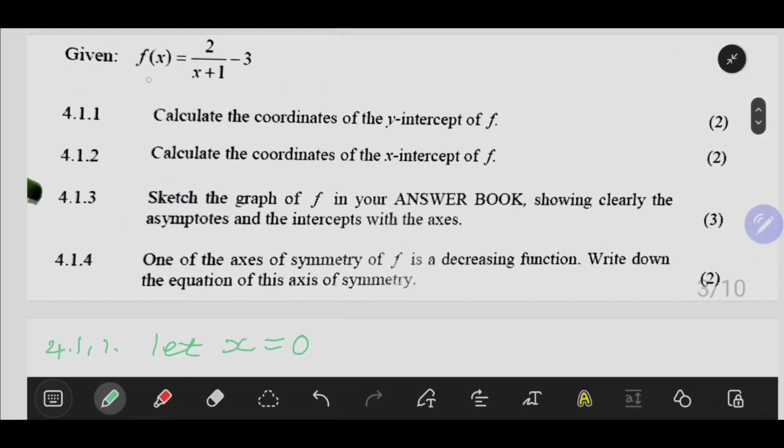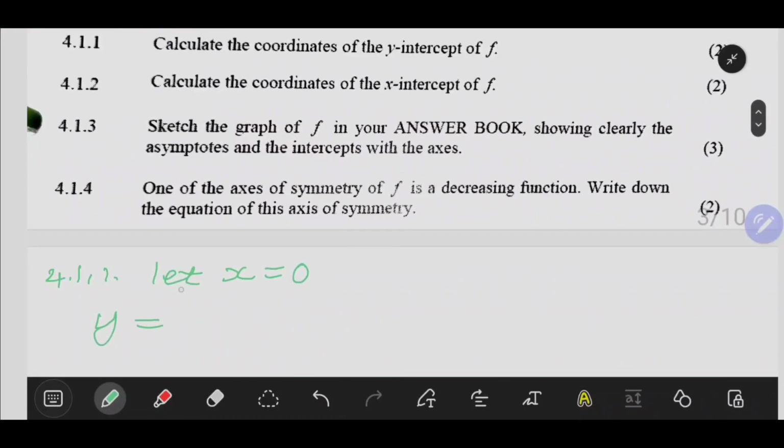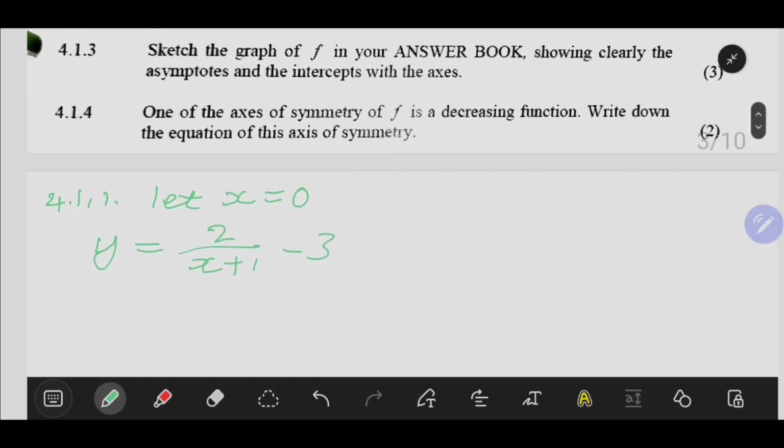So remember, f of x is just a notation whereby this is y. So it means we're going to say y is equal to 2 divided by x plus 1, then minus 3. We said we're going to let our x value be equal to 0.